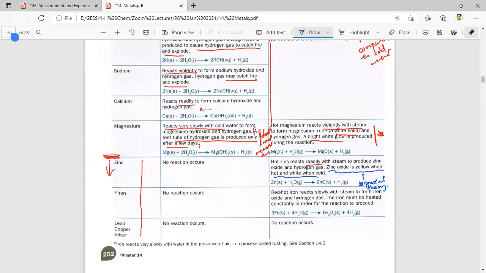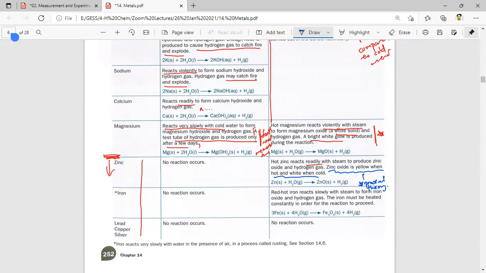Because zinc oxide is an interesting one. When it's hot, it is yellow. When it's cold, it is white. Most people will think that, sure, with this color change, there are two different things, that when it's hot, it's a different chemical substance compared to when it's cold. But zinc oxide is interesting in itself because it produces different colors at different temperatures.